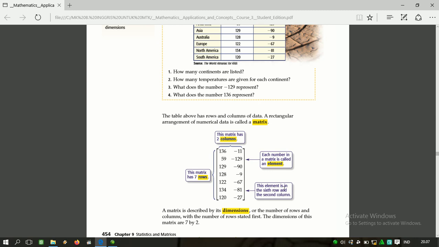This element is in the 6th row and the 2nd column. A matrix is described by its dimension, the number of rows and columns. With the number of rows stated first, the dimension of this matrix is 7 by 2.